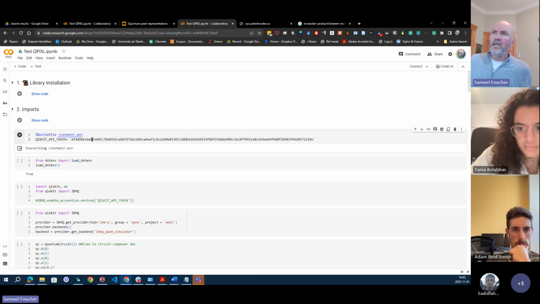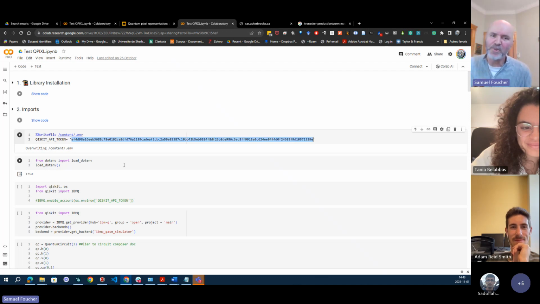Here I shouldn't have done it, it's not the right way: don't put the token of your account in a notebook, because everybody is going to use it. Basically, this is the token coming from the Qiskit account to get access to the API. We don't need a GPU here.